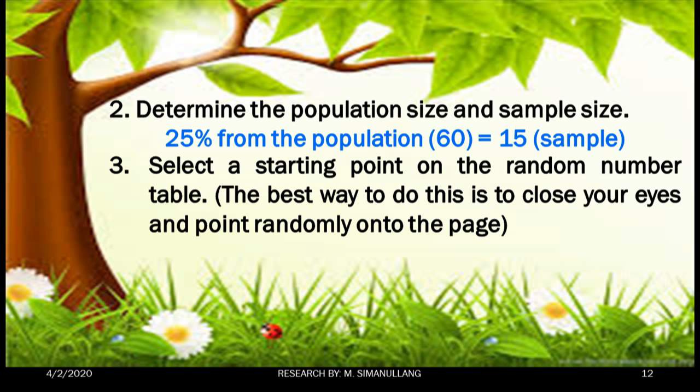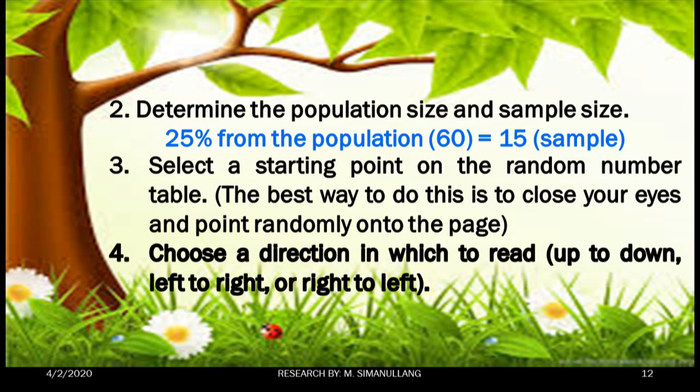And then we need to select a starting point on the random number table. And once again, this is good to do with closed eyes. And then it is okay to choose a direction. It can be up to down, left to right, or right to left.